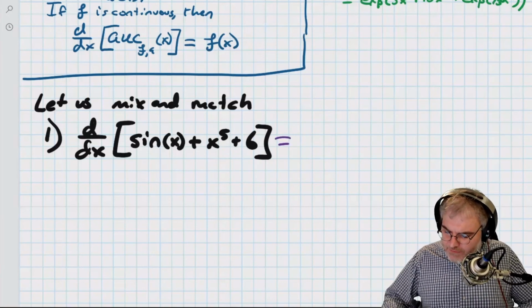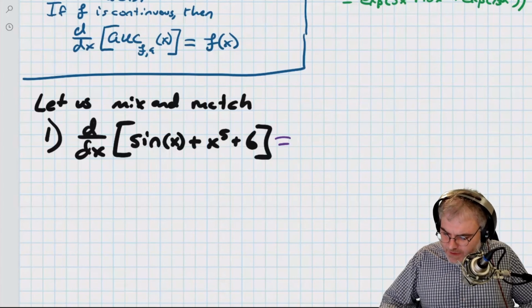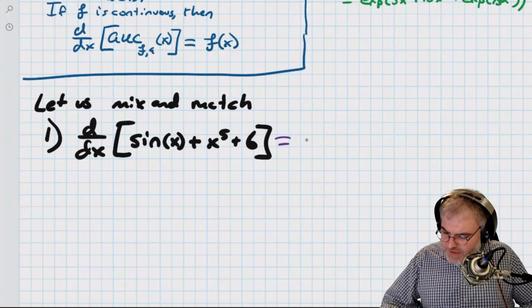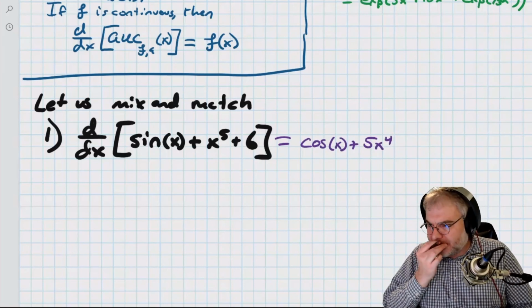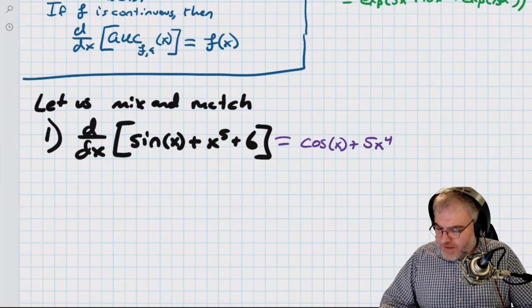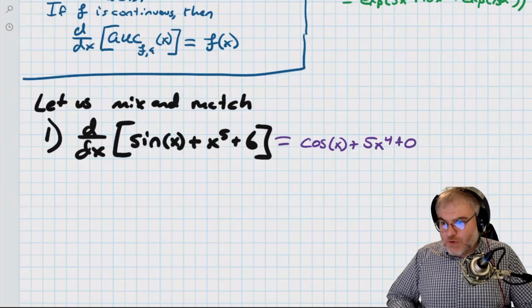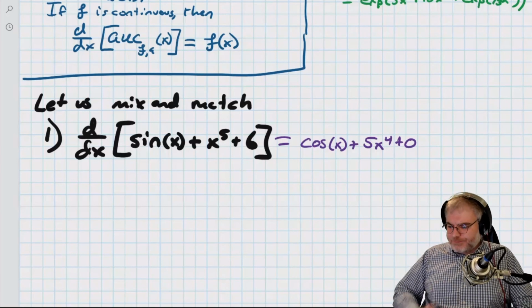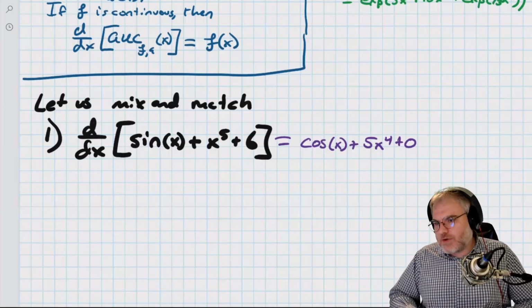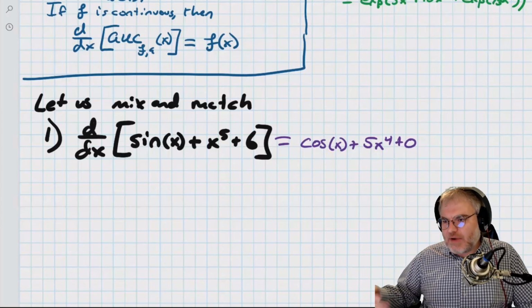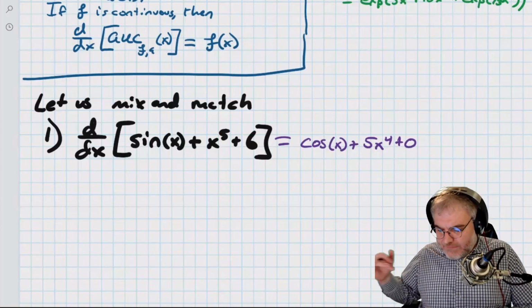This is going to equal the derivative of sine is cosine plus 5x to the 4th. Again, positive exponent. I'm just going to plug it in plus 0. Oh, you skipped the sum rule. Don't forget the 0. It's important. That's right. I did the sum rule, but I didn't actually write it out.